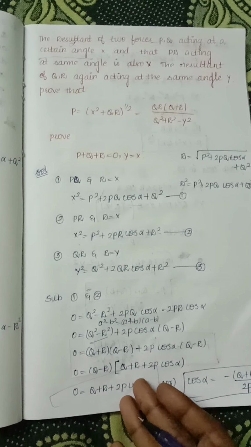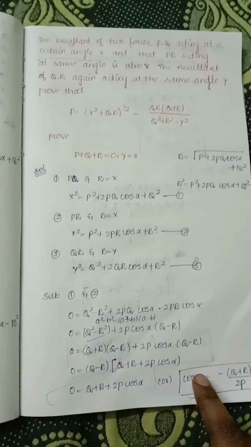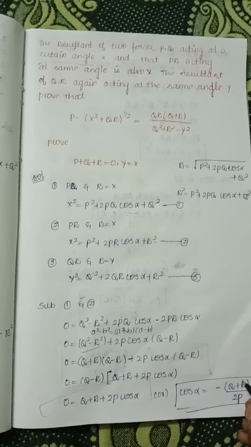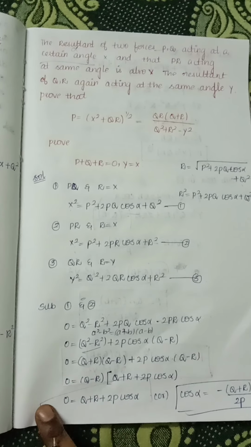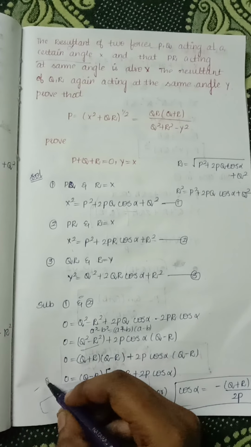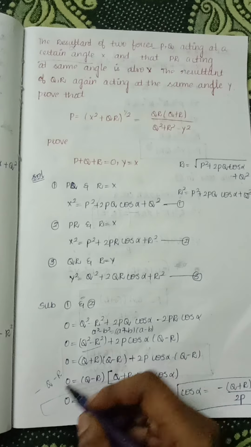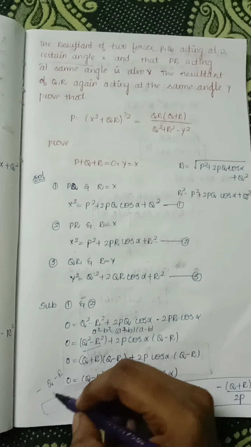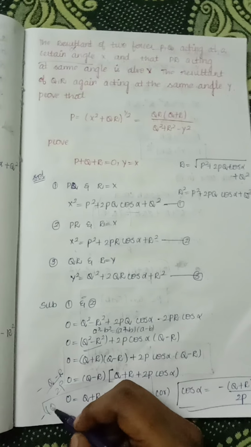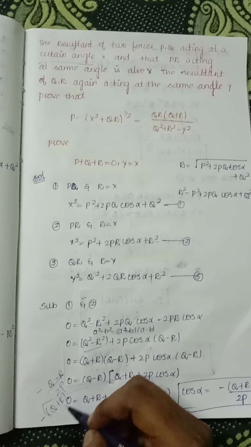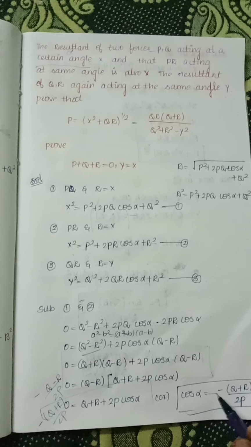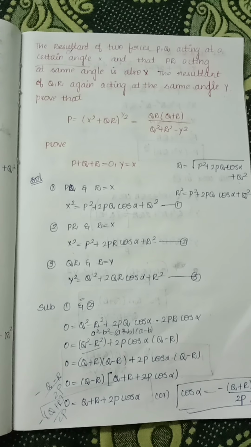Now we find cos alpha. Cos alpha equals minus Q minus R divided by 2P, that is, minus the quantity Q plus R divided by 2P.